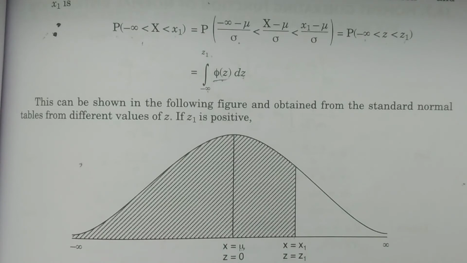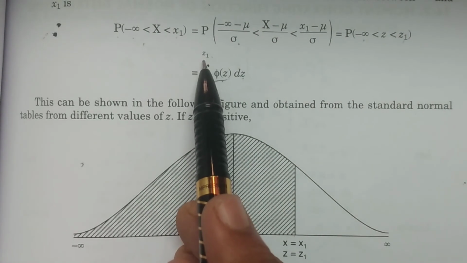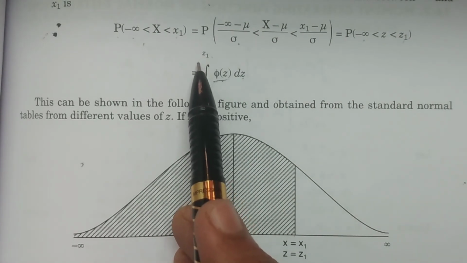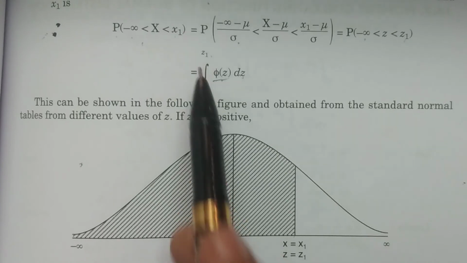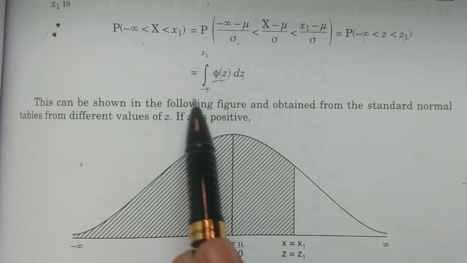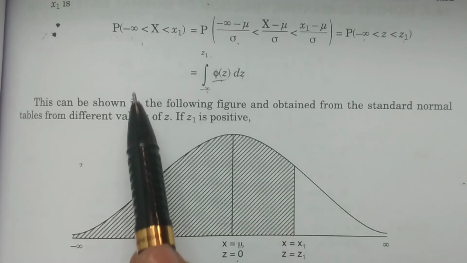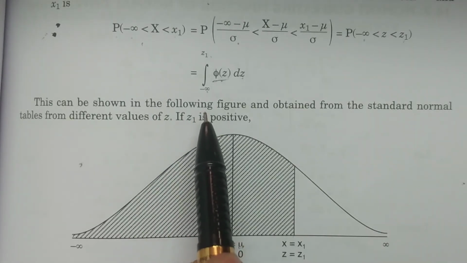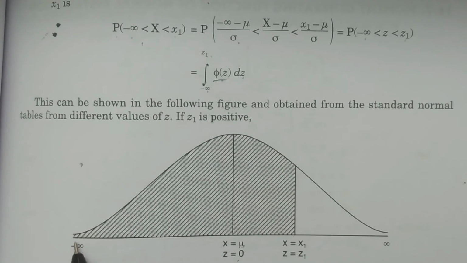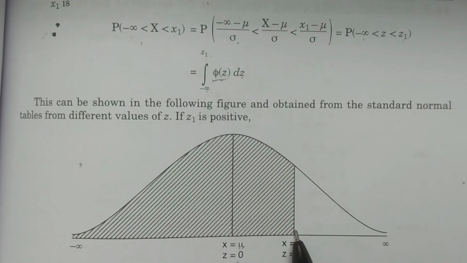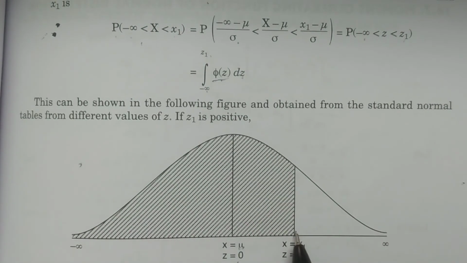That is, for different values of z, the areas are tabulated in the standard normal tables. Therefore, the area from minus infinity to z1 is nothing but the area from minus infinity to x1.